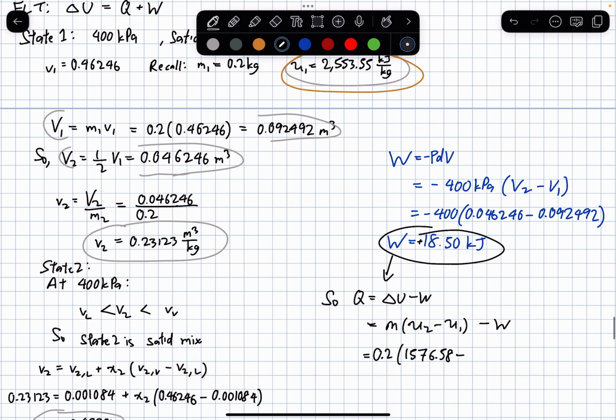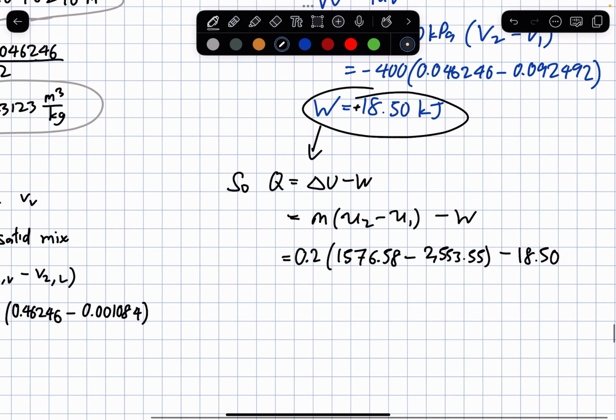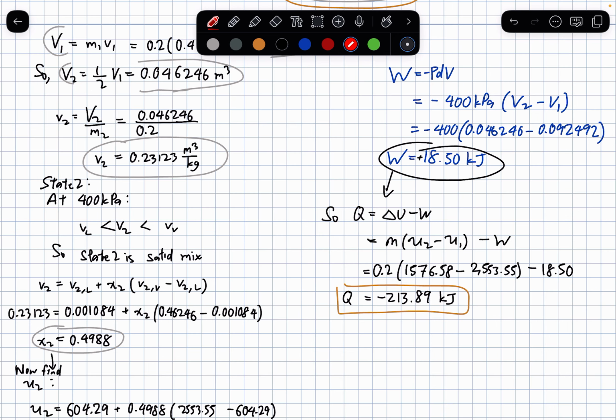1576.58 minus... we are done. Yeah, since the Q is negative, this is heat loss.